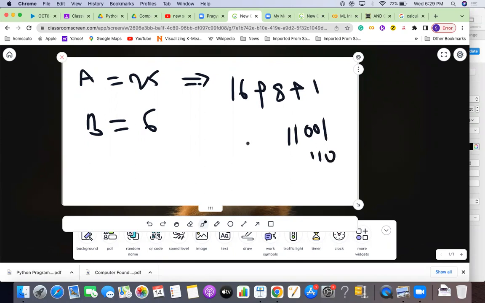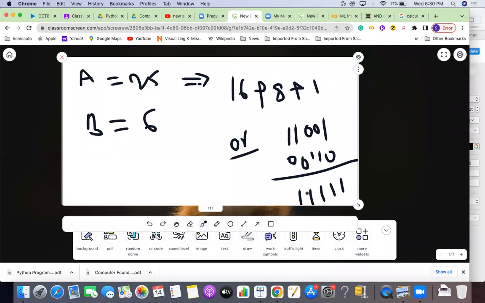Now I'm trying to do bitwise OR. Here I'm taking 0, here also 0. What is the OR value that will come? 11111.